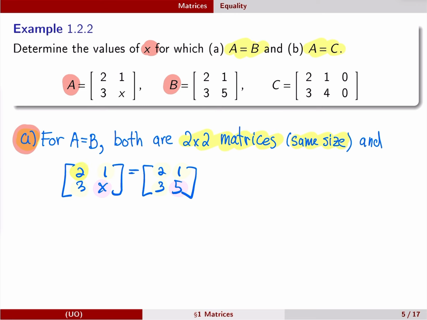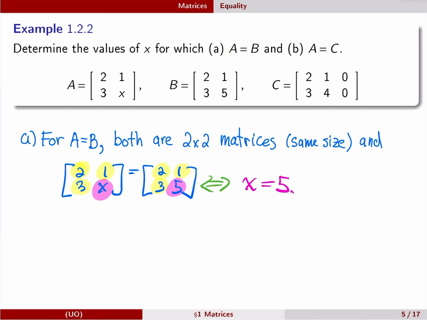Well, I see that 2 is equal to 2, first row, first column. 1 is equal to 1, first row, second column. 3 is equal to 3, second row, first column. And I need to figure out what is the x such that it's equal to 5 in the second row, second column. Then obviously, x needs to be equal to 5. If x is anything else, these two matrices are not equal. So A and B are equal because they have the same size, and this is only possible when x is equal to 5.